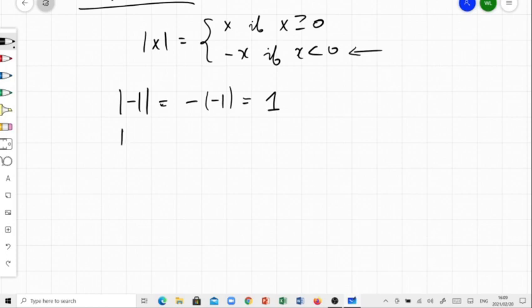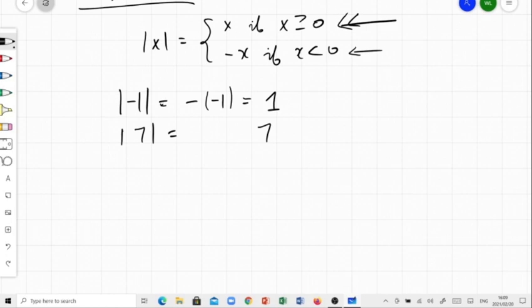Now, the numerical value of a positive number, let's say 7, well, there's nothing to throw out, so it is itself. What this says is that if the number is positive, the absolute value is itself.